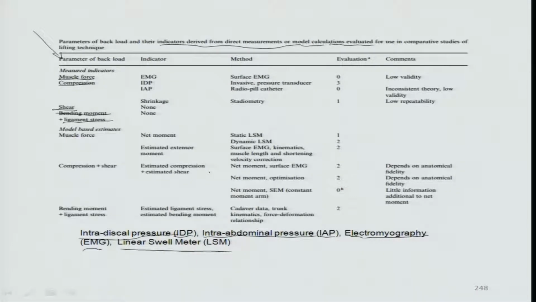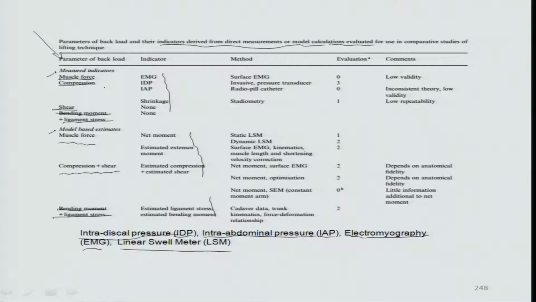Instead of measured indicators, there are also some model-based estimates which give you an idea about the muscular force and the compression, shear or bending moment in different bony parts of the subsystem. And there are different indicators, either a measurement technique or a particular model, through which you can get such forces and stresses.